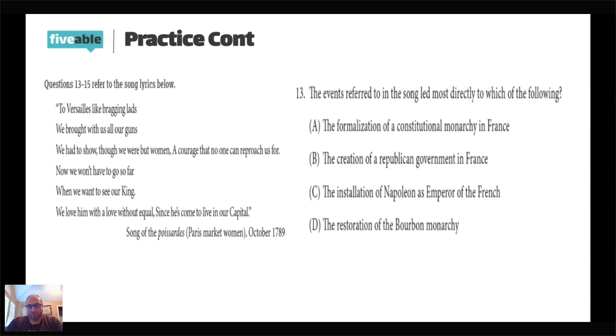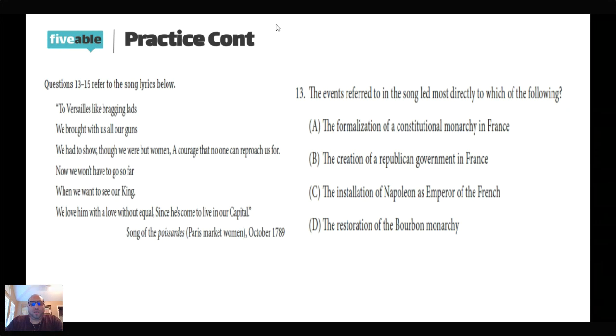So now, using that knowledge, using that we know it's the Women's March and the time period, we start looking at the answers. And that's the first thing I tell my kids is look for the ones that don't match the time period. Because if they don't match the time period, then they obviously can't be the answer. Because it doesn't make sense for you to be talking about something that is in 1789, but the answer you bubble in is about 1910, and they're not asking you to compare the 2 time periods.